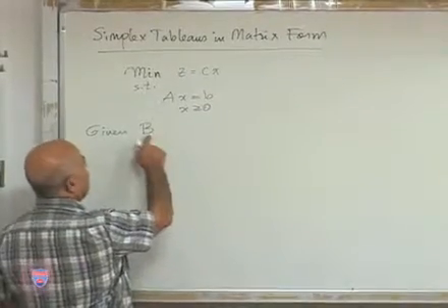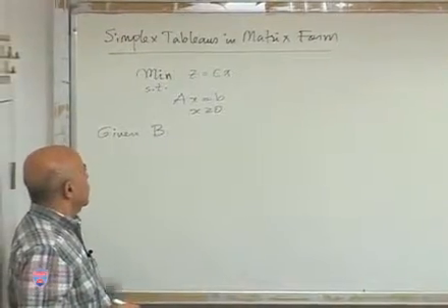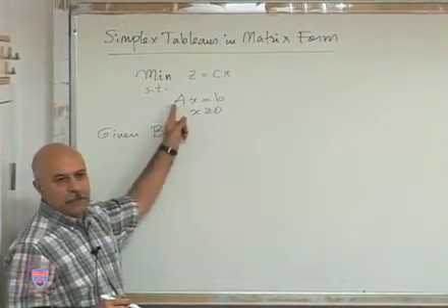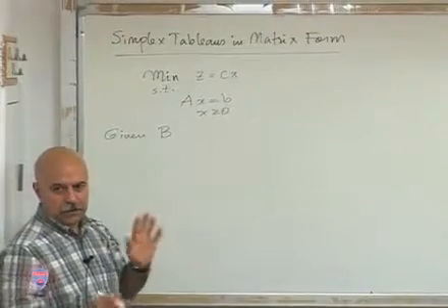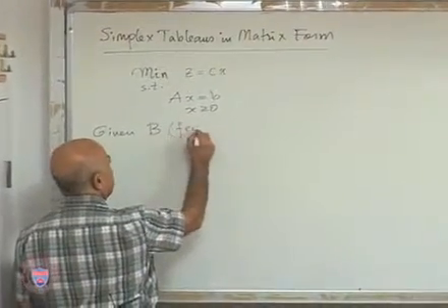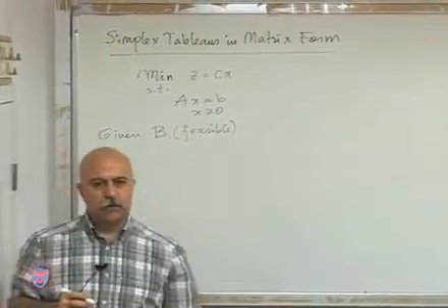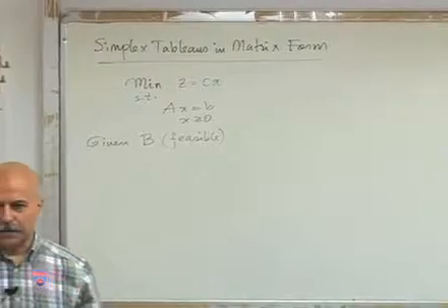And so B is an M by M matrix consisting of some M linearly independent columns of the A matrix. Okay? And we assume it's feasible, meaning that the basic feasible solution induced by it is non-negative.